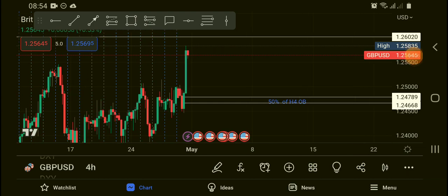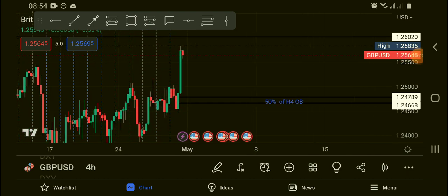Okay guys, so now we've gotten the 50% of the overall move. Now if price is retracing back to the 50%, there is another block in this zone.